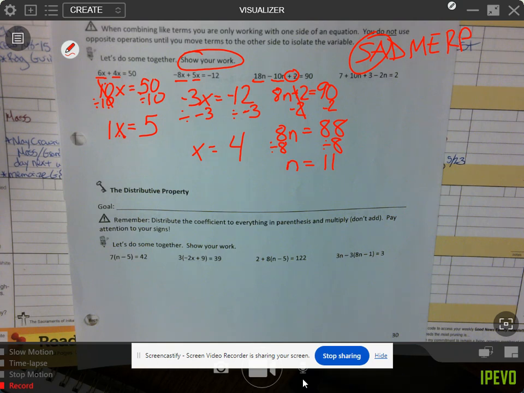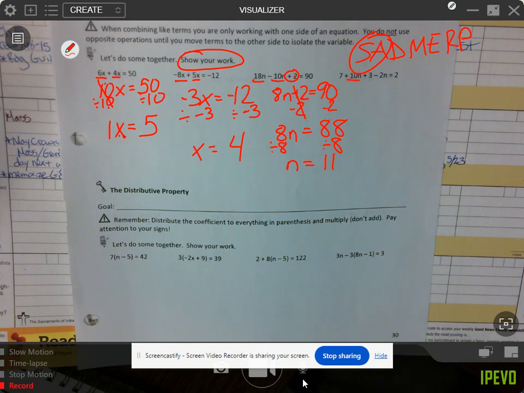Let's look at our next one. 7 plus 10n plus 3 minus 2n equals 2. So when we have lots of terms, the first thing I want to do is figure out what I'm combining.